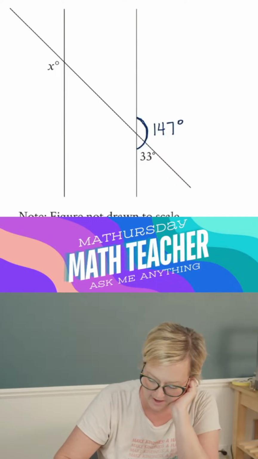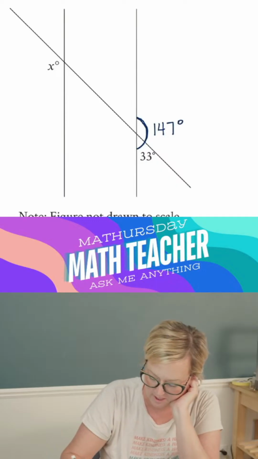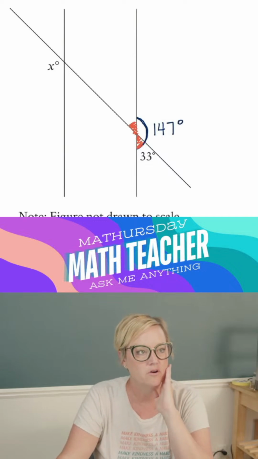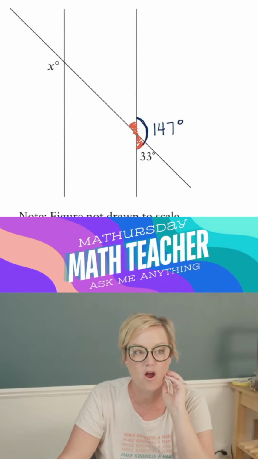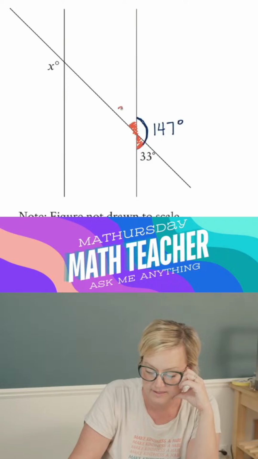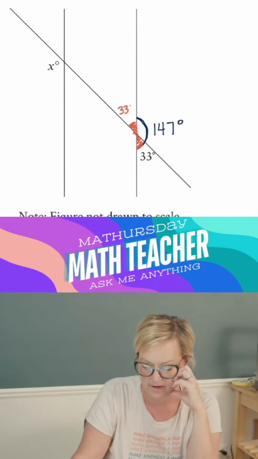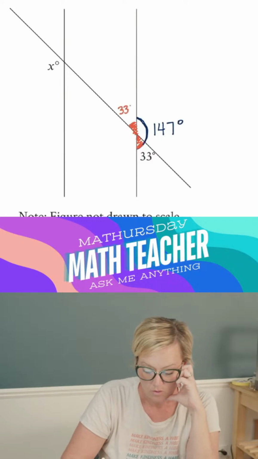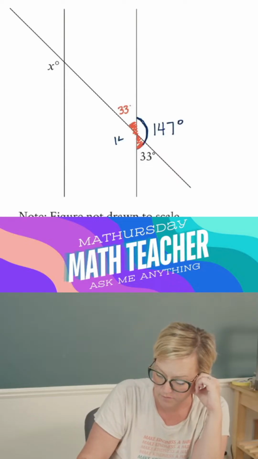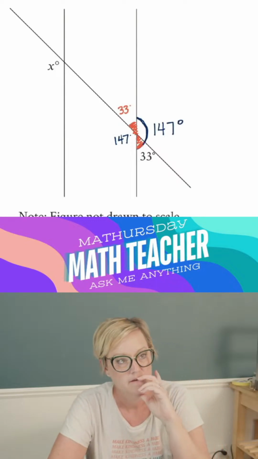When I have two angles that are across from each other, like this one and this one, that means that they are congruent, okay, because they're vertical angles. So that means that this one is also 33 degrees, which means that this one is also 147 degrees, okay.